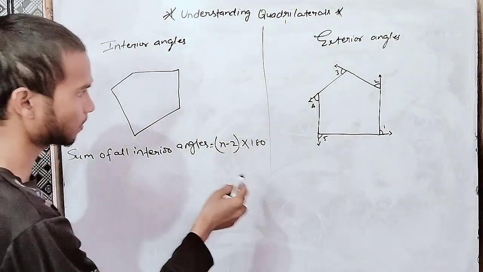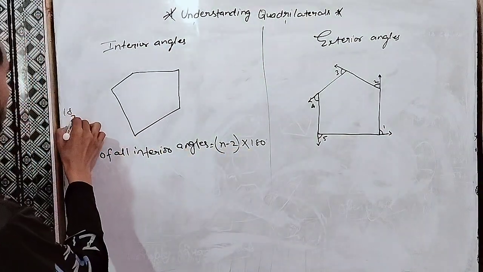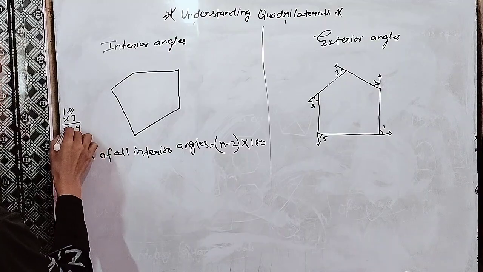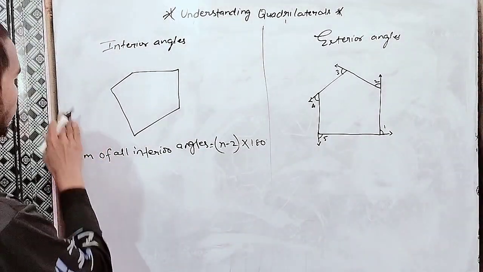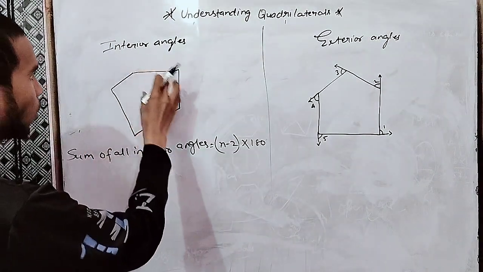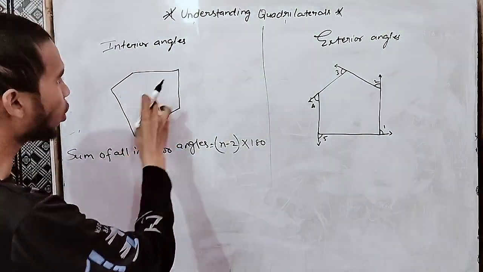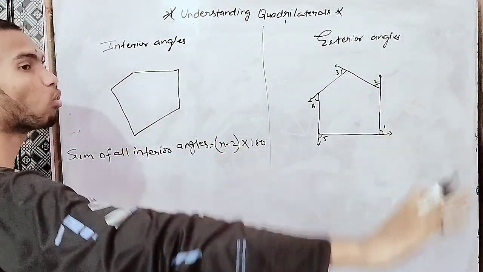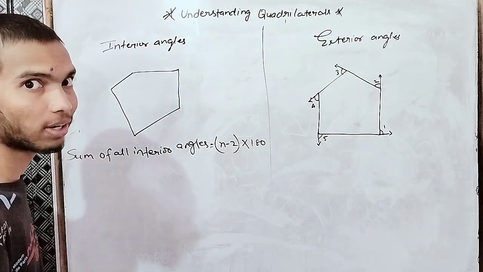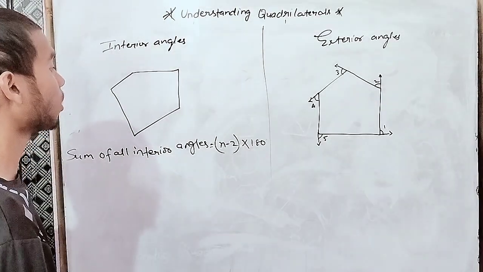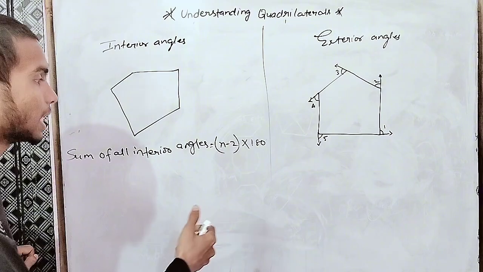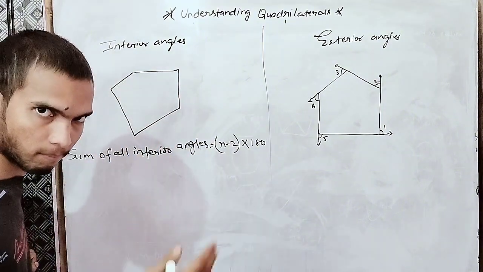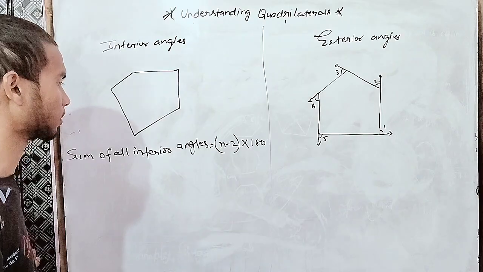So 5 minus 2 is 3, and 3 times 180 is 540. So the measure of all interior angles of this polygon is 540 degrees. This is how we can find the value of all interior angles of a polygon.